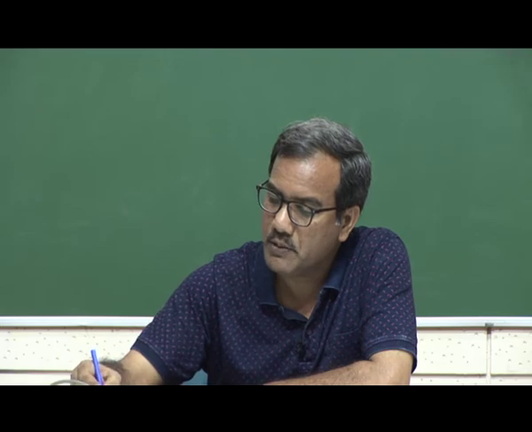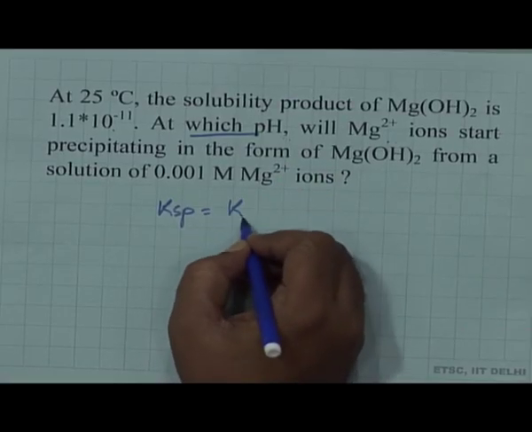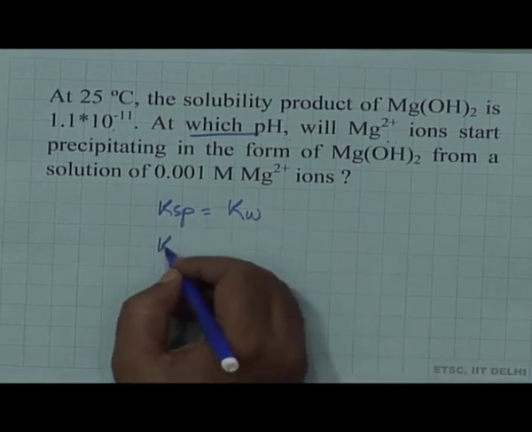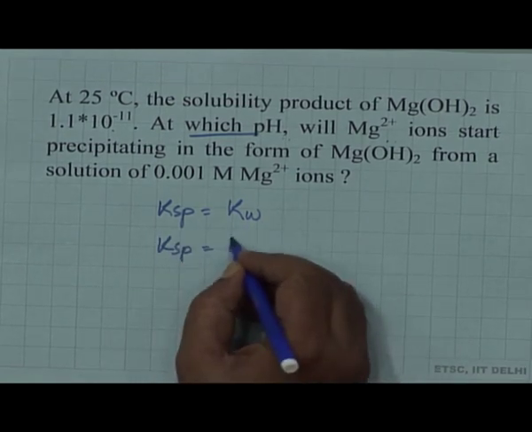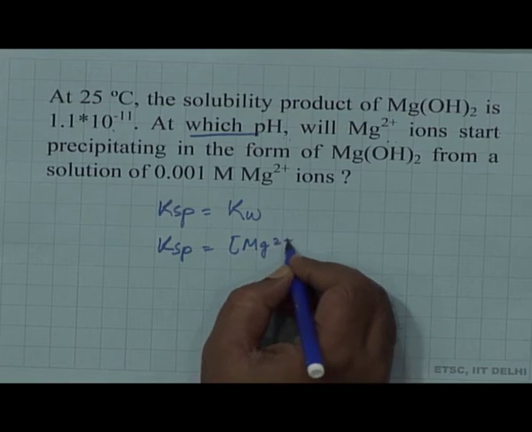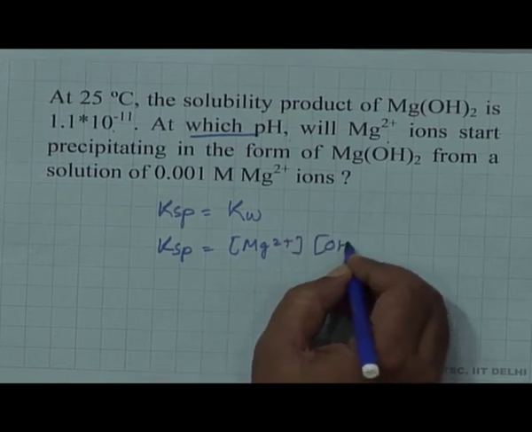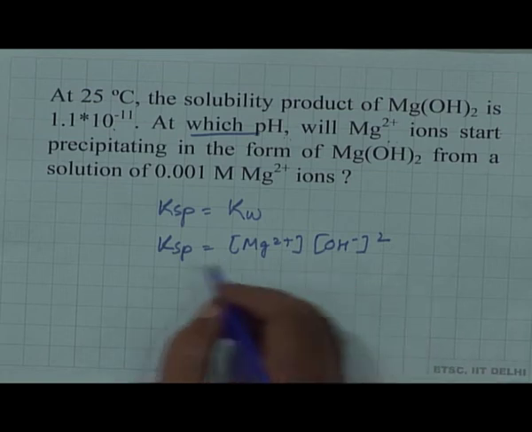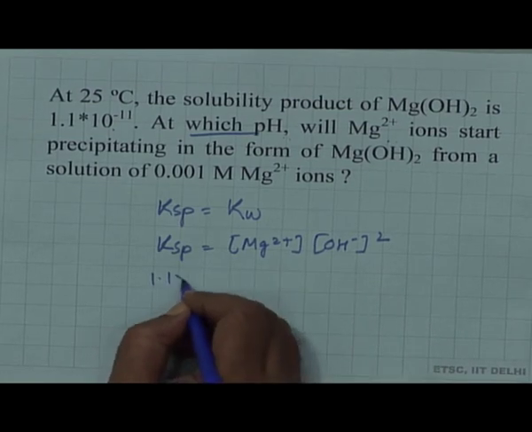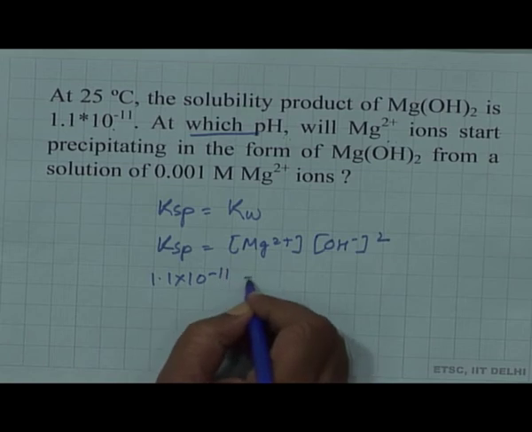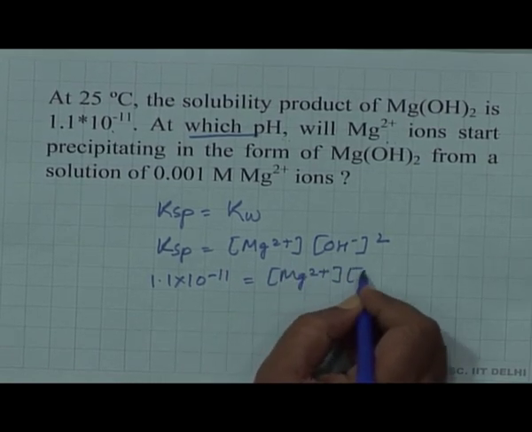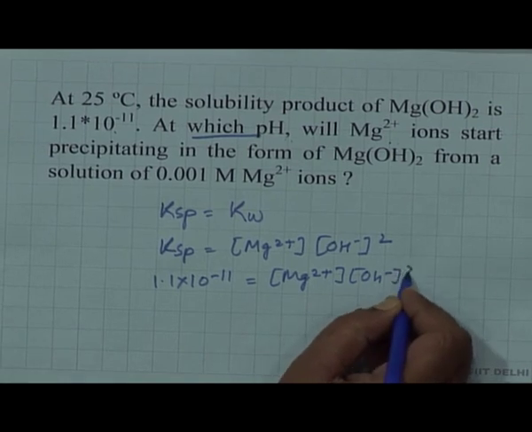So, for precipitation to begin, Ksp should be equal to Mg2 plus ion concentration into OH minus square. Ksp is given, 1.1 into 10 to the power minus 11, is equal to Mg2 plus into OH minus ion square.